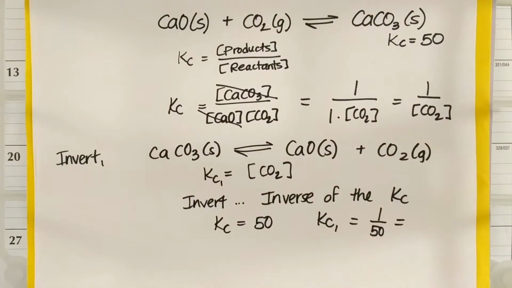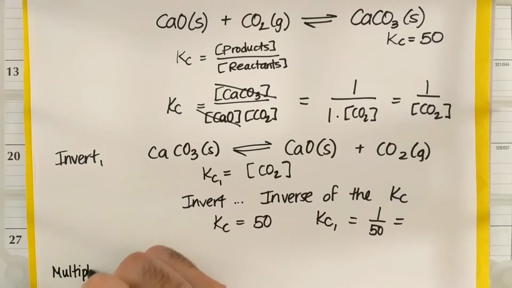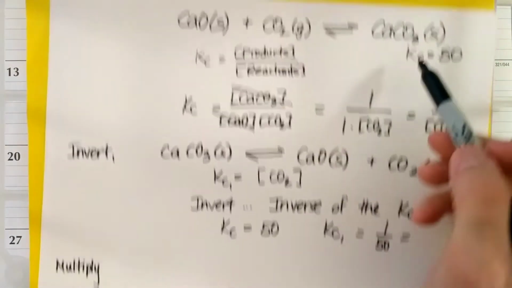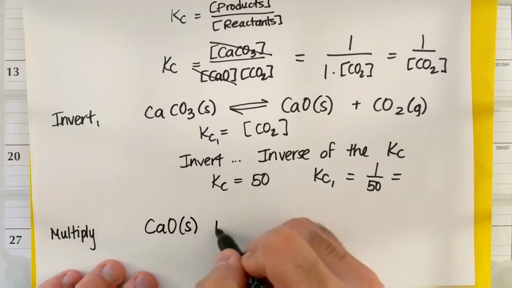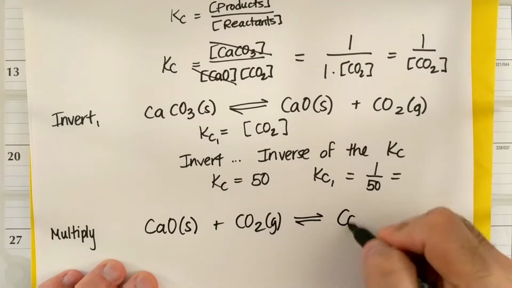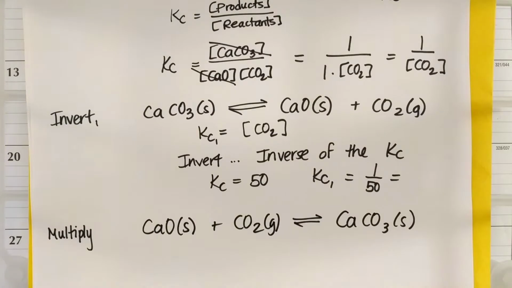Okay? If I were to multiply by a constant, I'm going to zoom up now. Let's say I go to my original reaction. If I were to multiply CaO solid plus CO2 gas in equilibrium with CaCO3 solid, let's say I multiplied this whole expression by 3.